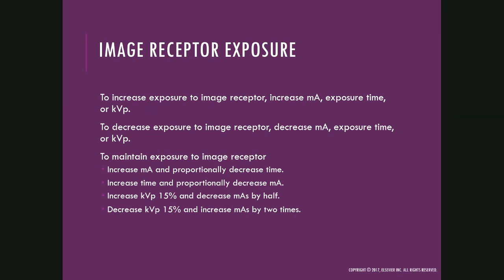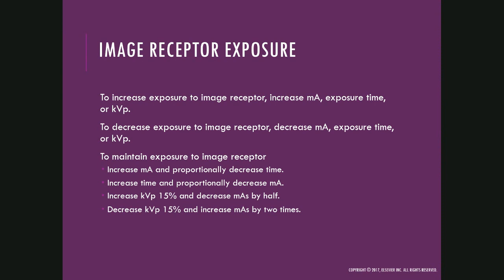Because if the patient is moving all around, remember we talked about motion and how it's going to destroy your ability to visualize those structures. They're not going to be recorded accurately. Motion is going to ruin whatever pretty image we try to capture. So you can change your mA or your time to maintain the mAs.